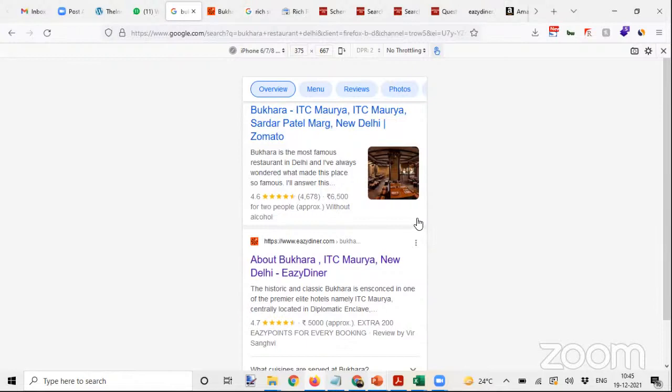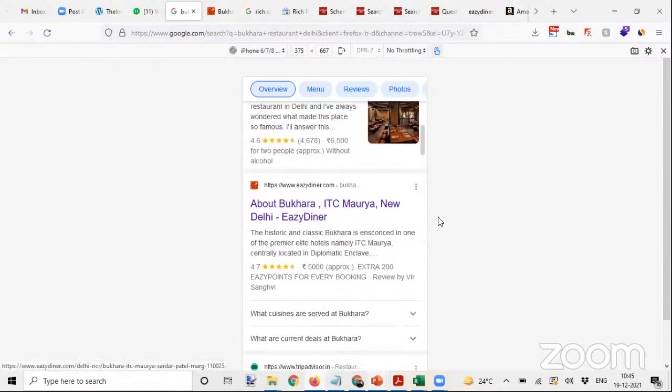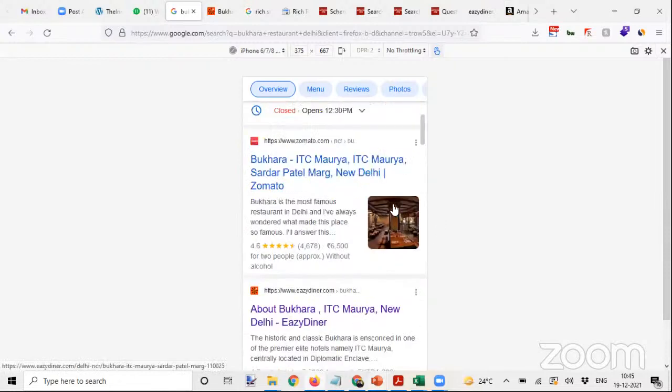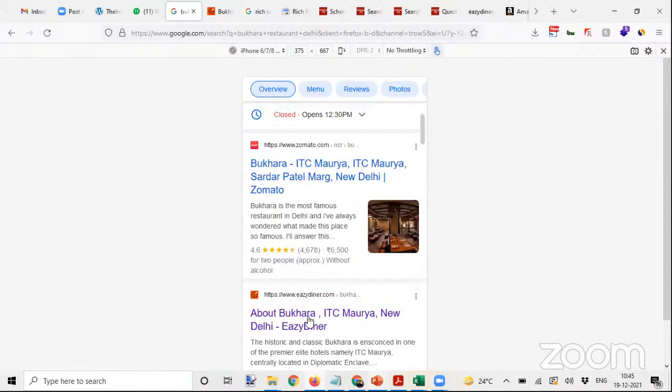Yes, sir. Just to get attention, to get more lines and more attention. And for some of these, if they are also in the schema, of course this page also has schema, but if the images are optimized and rightly placed, on some pages Google will also show the image here.